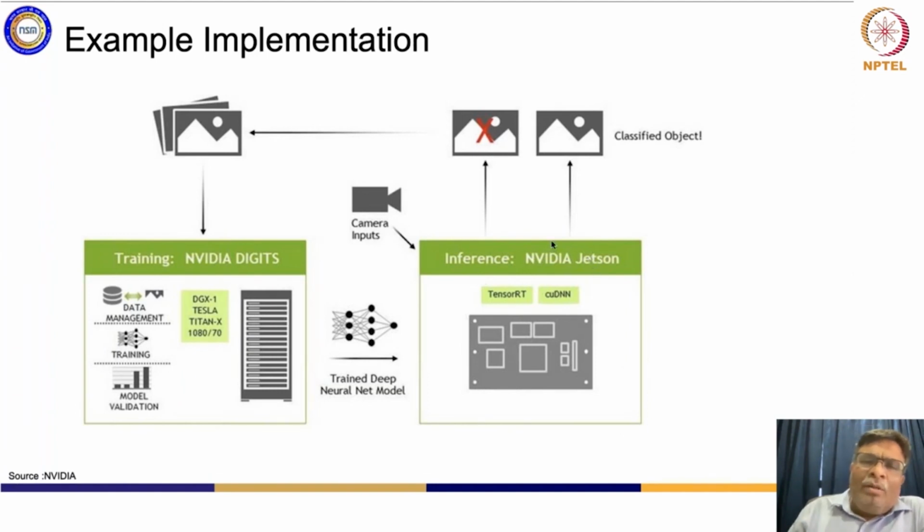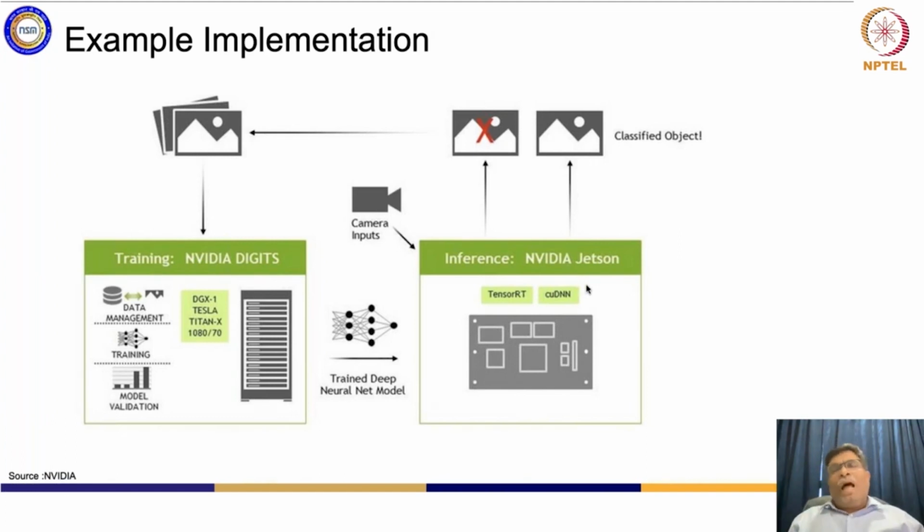Okay, now that basically is an edge device, right? And this edge device basically is used for inferencing. What does it have? We have to be very clear that we are using TensorRT. Okay, we will tell you what TensorRT does, and we have CUDNN also installed on our Jetson kit.